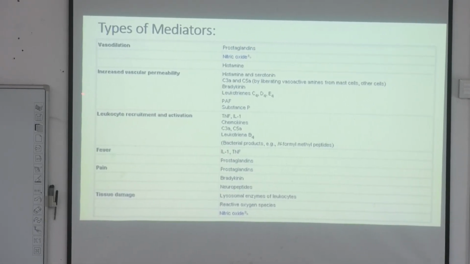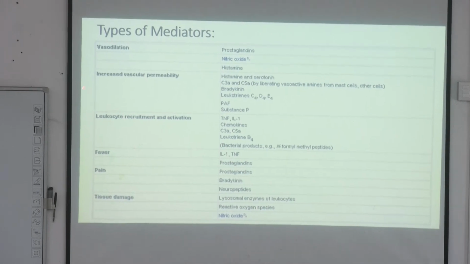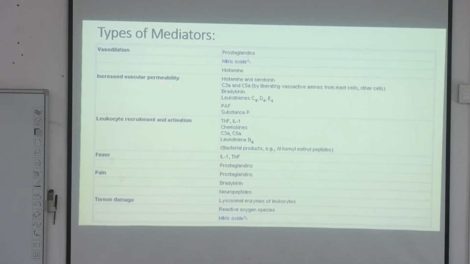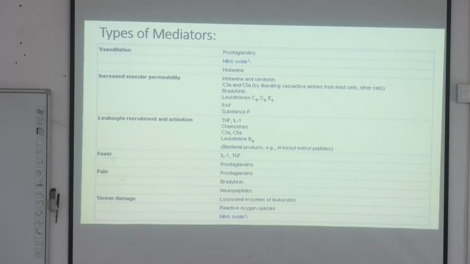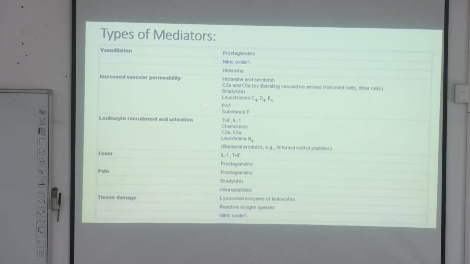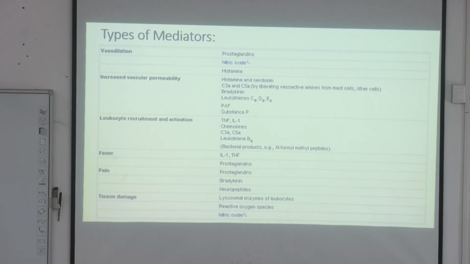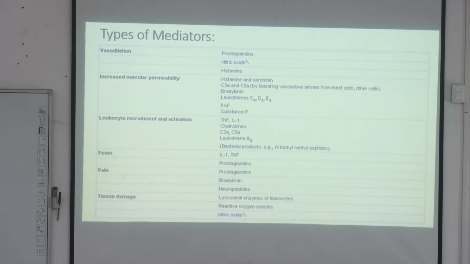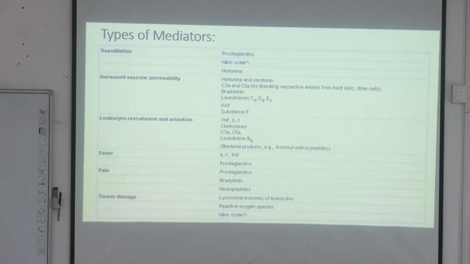Next, another important hallmark of inflammation is increase in vascular permeability, and the mediators are histamine, serotonin, C3a, C5a, bradykinin, leukotrienes C4, D4, and E4, platelet activating factor, and substance P. So here the action is unified: increased vascular permeability or vasodilatation, but the action is attributed to many chemicals, many mediators.